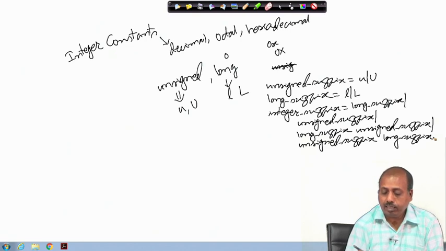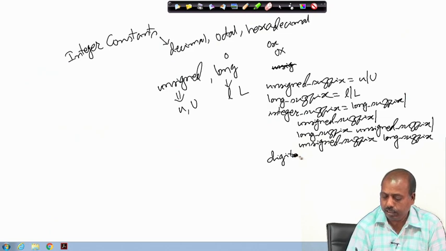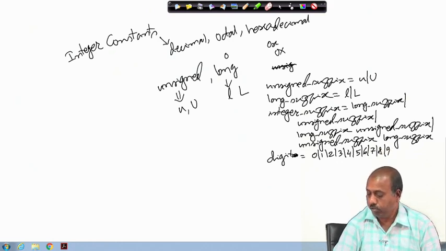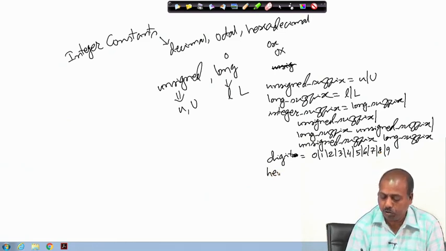Then I will define digits. So, a single digit is 0 or 1 or 2 or 3, 4, 5, 6, 7, 8, 9. Now, hexadecimal digits are something more than that.